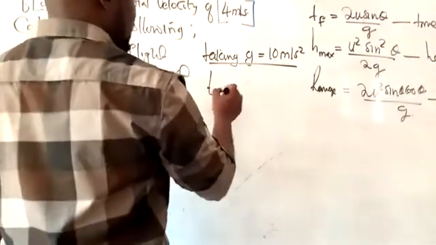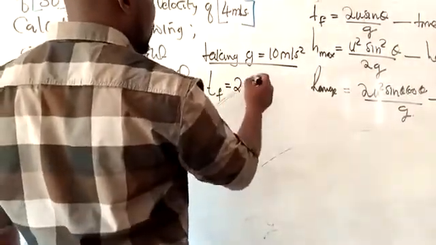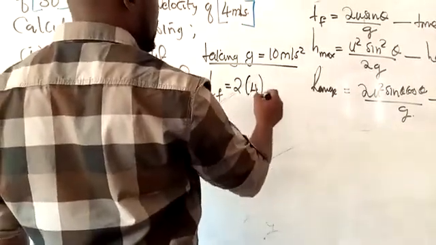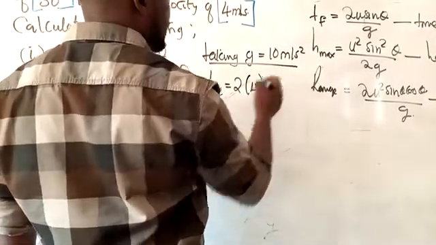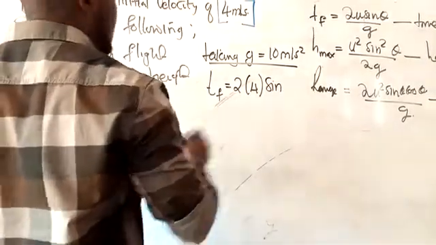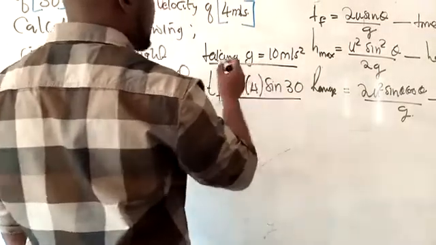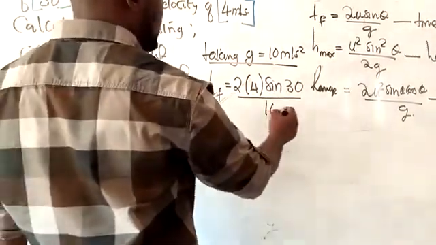The time tf is equal to 2, the initial velocity there is 4 multiplied by sine, the trigonometric function there, the angle that has been given is 30, divided by the acceleration due to gravity, we are saying it's 10.